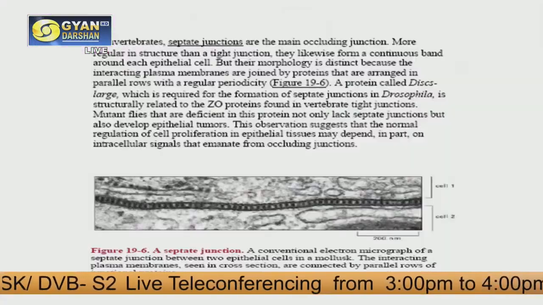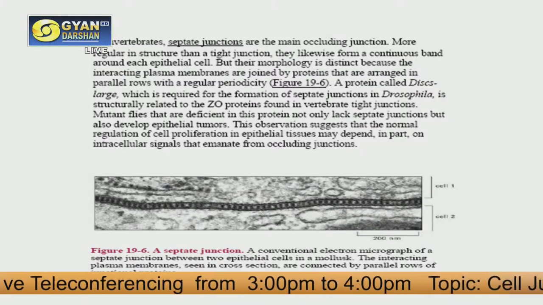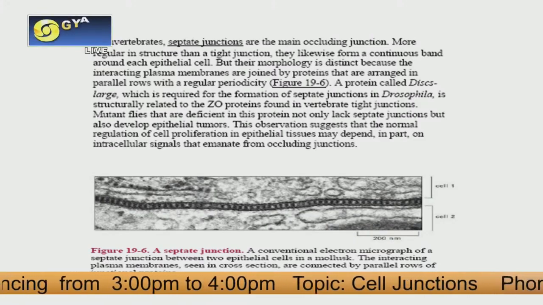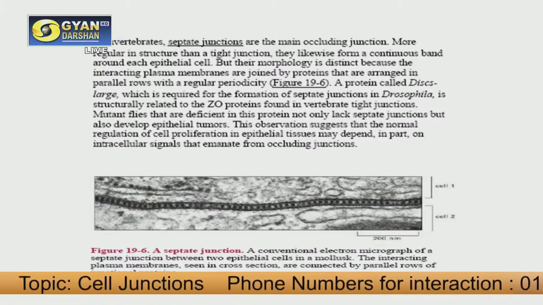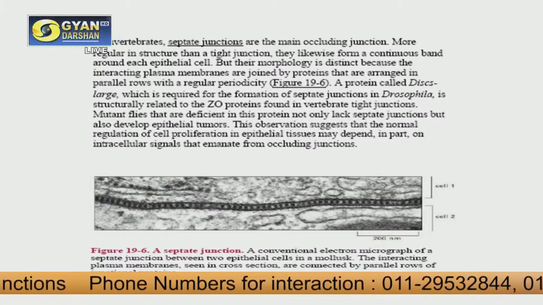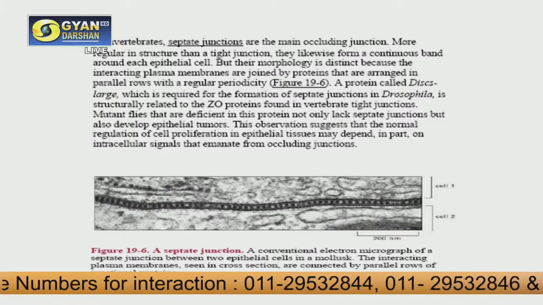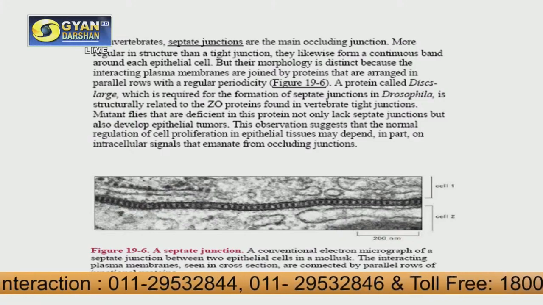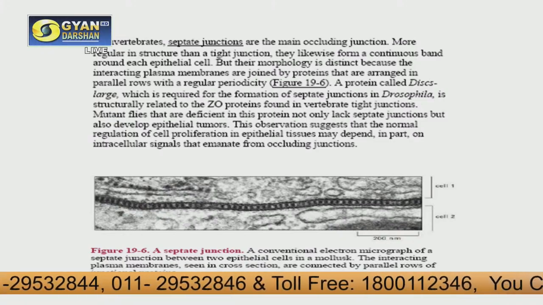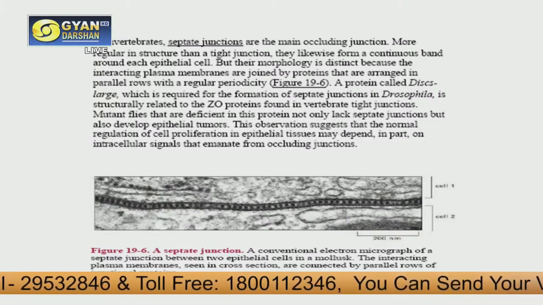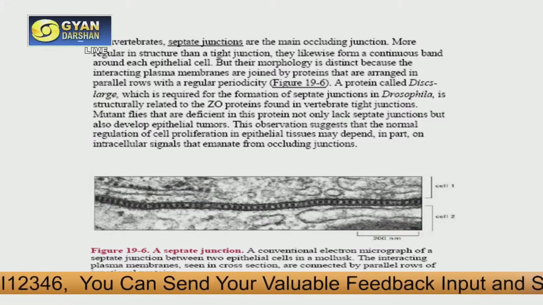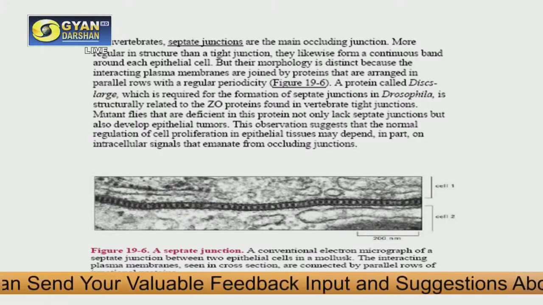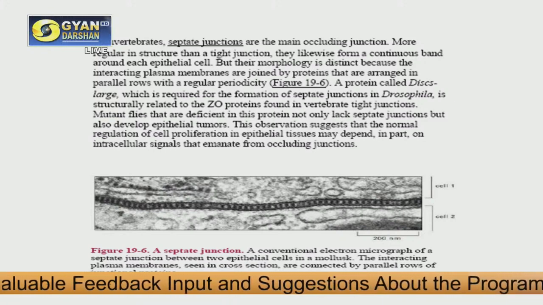Now, as I said, in case of invertebrates, we do not call them tight junctions. There we use the term septate junctions. For example, in Drosophila, which is an insect and an invertebrate, people have examined the junctions and named them septate junctions. The organization of the septate junction is a little bit different.